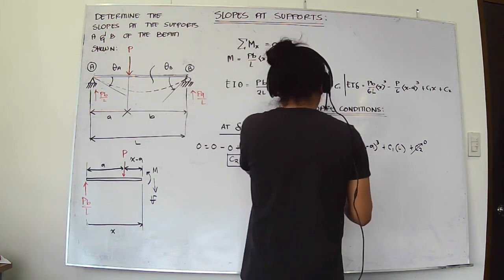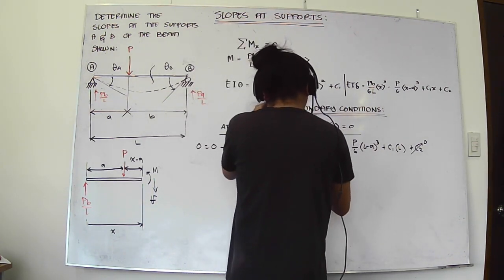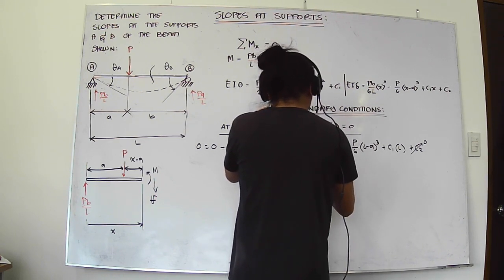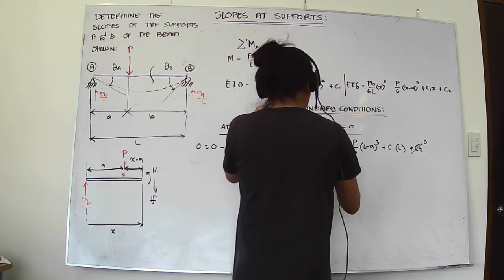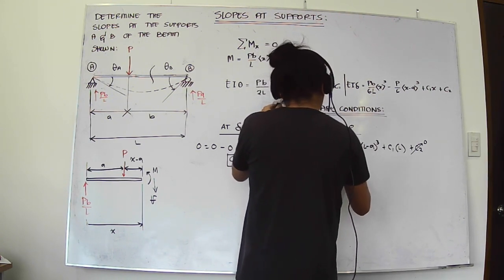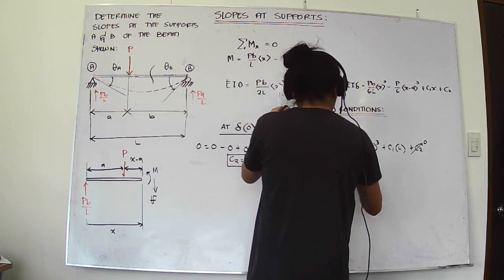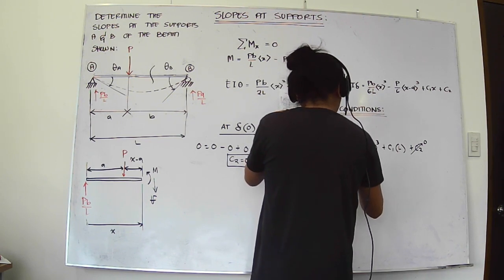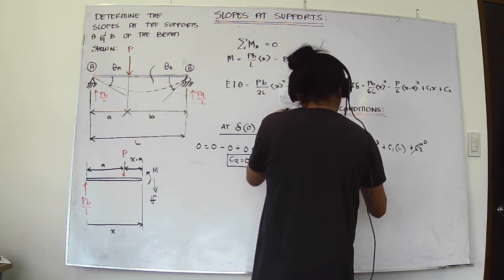So in this case, 0 equals PB over 6 L squared, minus PB over 6 times B squared.